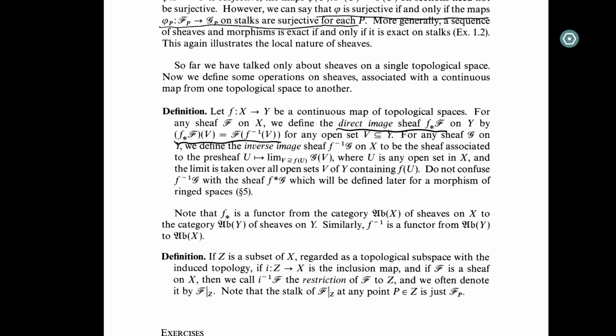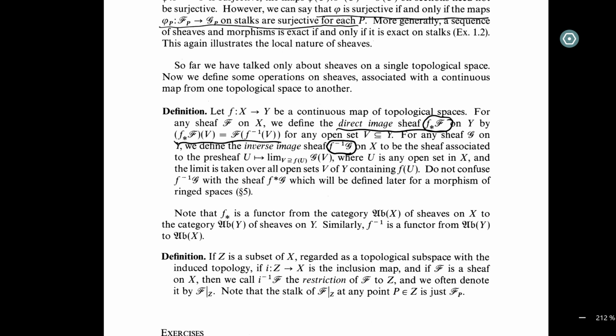For any open of Y, we take its inverse image. And starting from a sheaf on Y, we can define the inverse image sheaf to be the sheaf associated to the pre-sheaf.